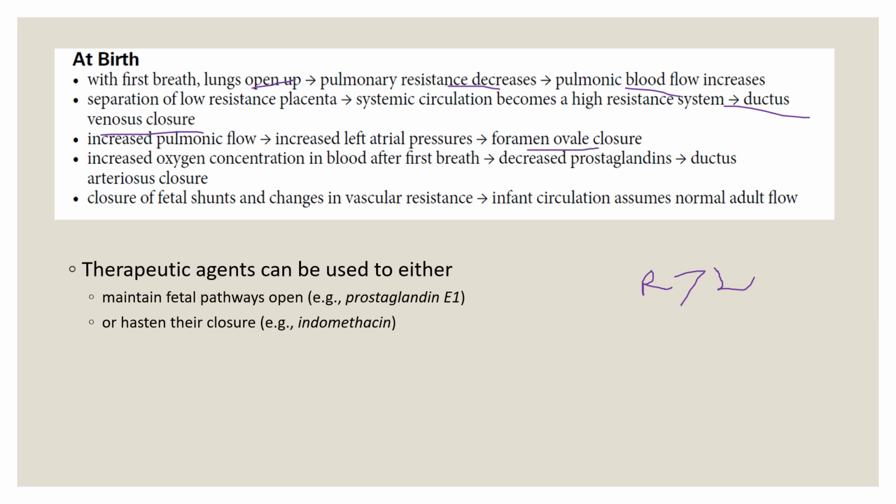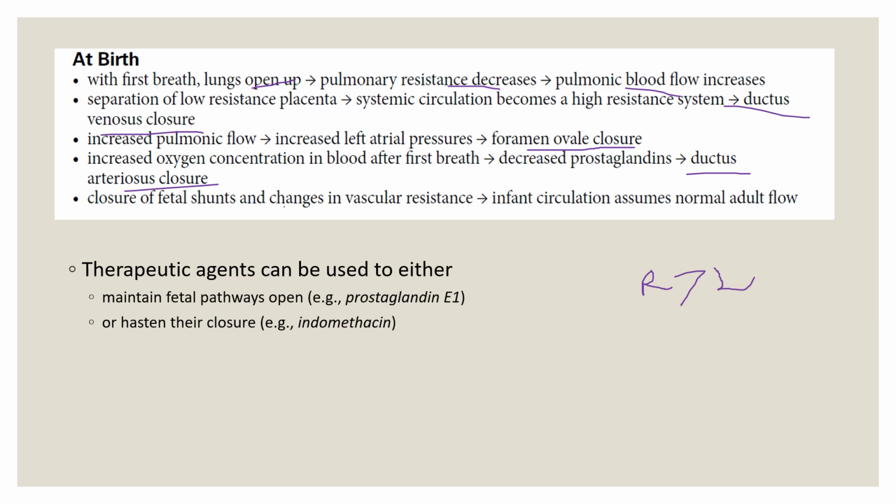And so the foramen ovale closes, because in the fetus right sided pressure is higher, but as soon as the child is born, the left sided pressure builds up and the foramen ovale closes. Increased oxygen concentration in blood after the first breath decreases the prostaglandins, and the ductus arteriosus also closes. So ductus venosus, then foramen ovale, then ductus arteriosus.